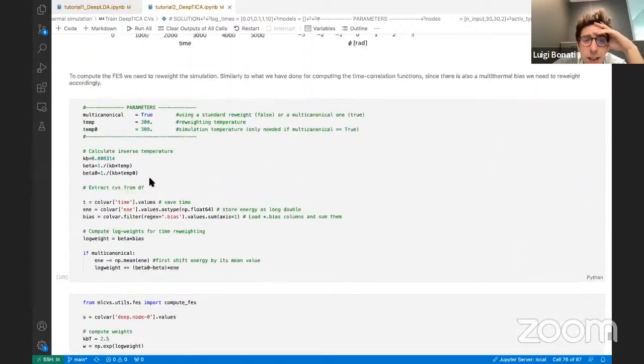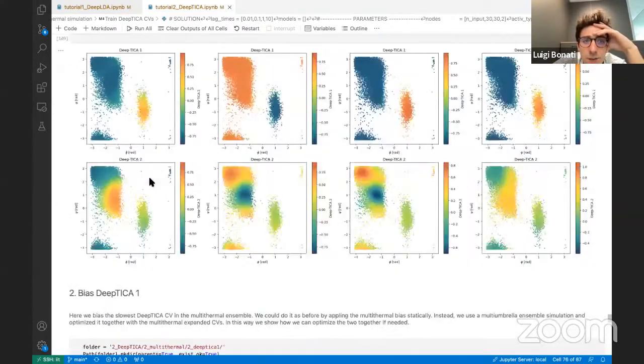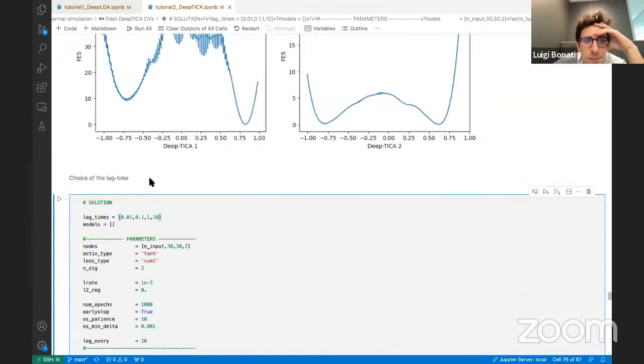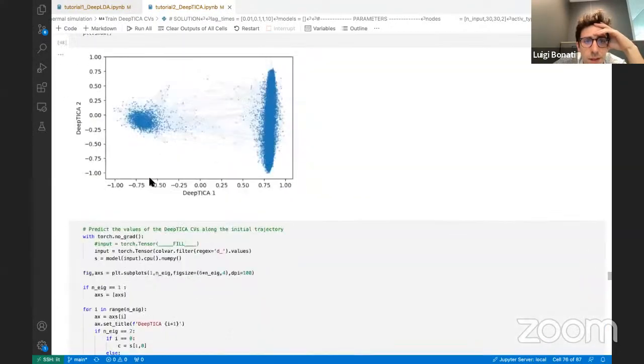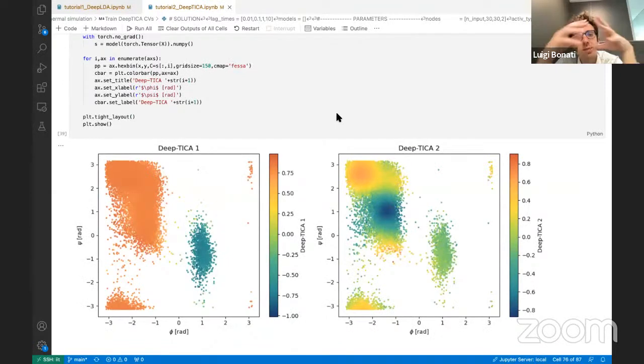Okay, before I end, I just wanted to tell you this. When extracting the TICA CVs from a multicanonical simulation, which means a simulation performed biasing the potential energy, we are biasing in a more uniform way. So we are biasing all the degrees of freedom simultaneously somehow.